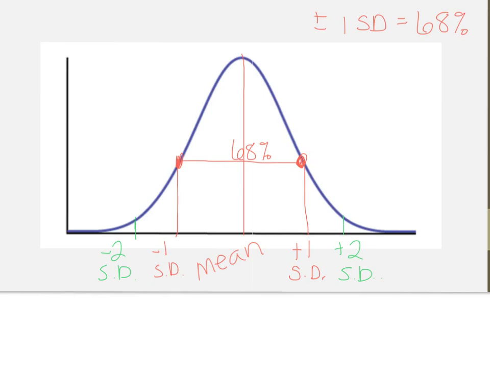That's going to represent a different percentage of my data. Between these 2 points, that's going to encompass 95% of my data points. So plus or minus 2 standard deviations represents 95% of the data.